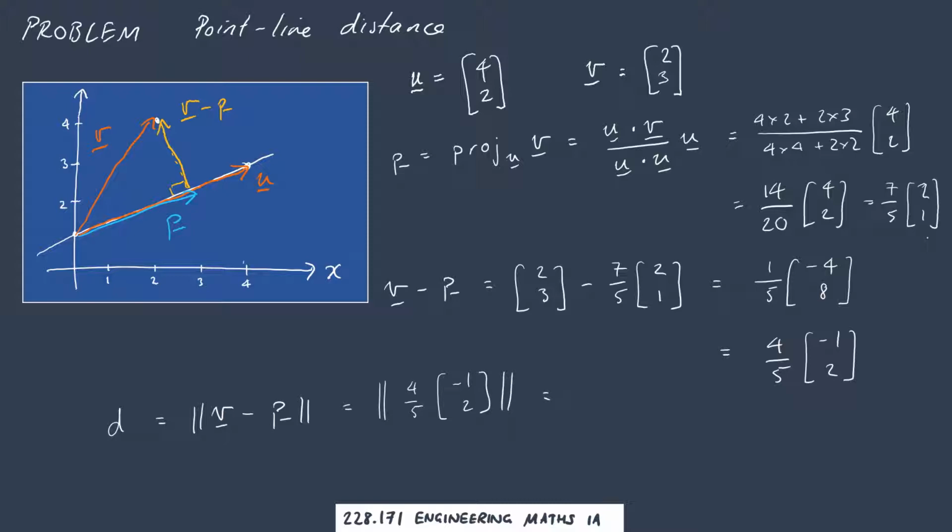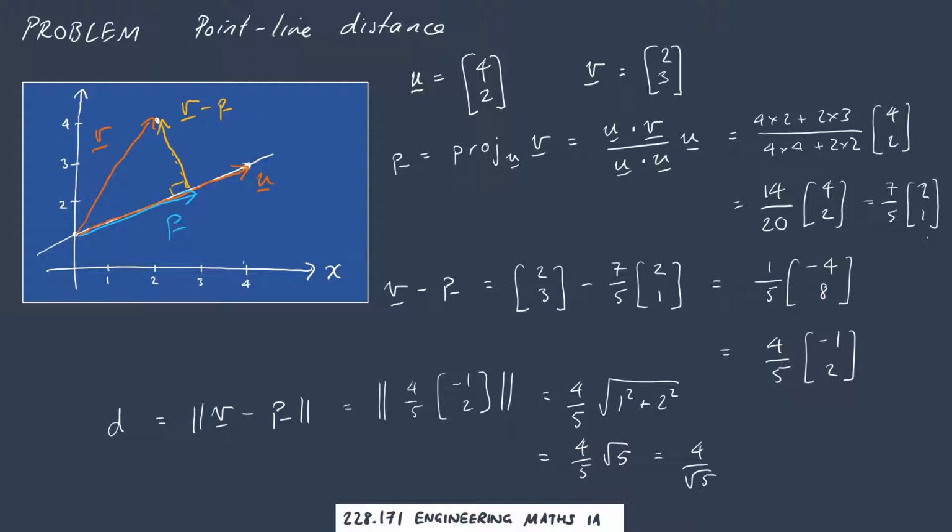Now remember, we can bring scalars outside, so it's going to be 4/5 times the square root of 1 squared plus 2 squared, which happens to be 4/5 times root 5, which if you like is 4 over root 5.